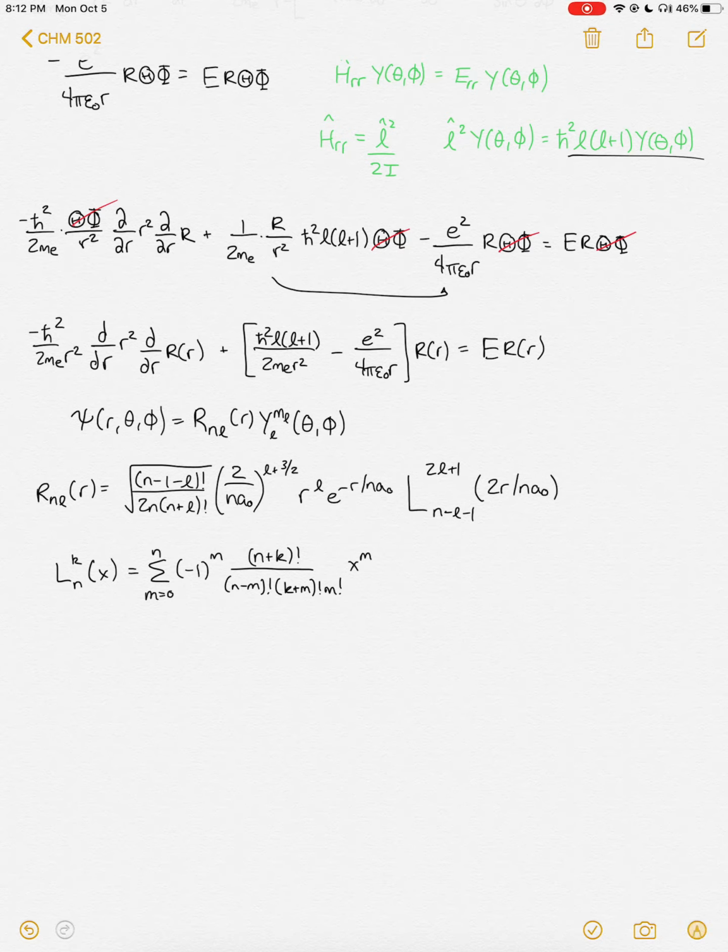So to get this, we would take 2r over n a naught and plug that in for x here. Then the n and k are various indices based on l and m, which give us a different polynomial.